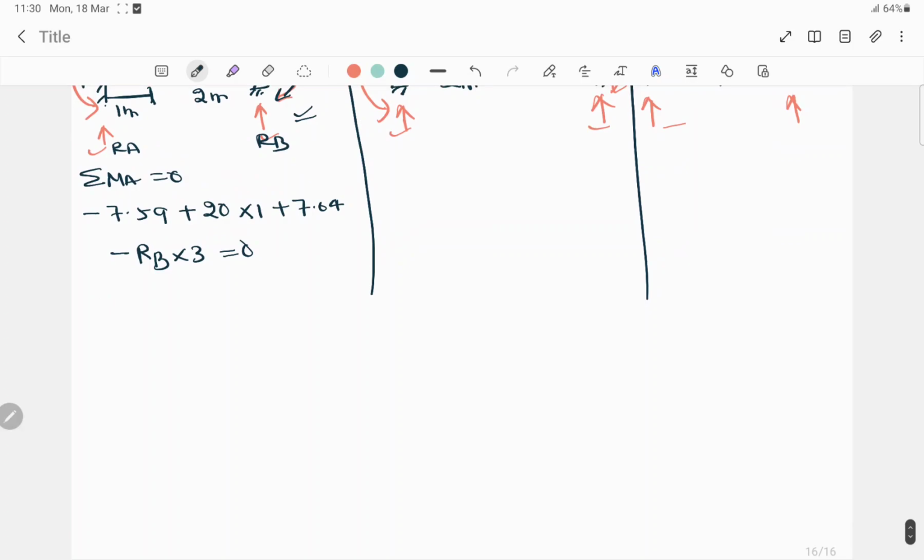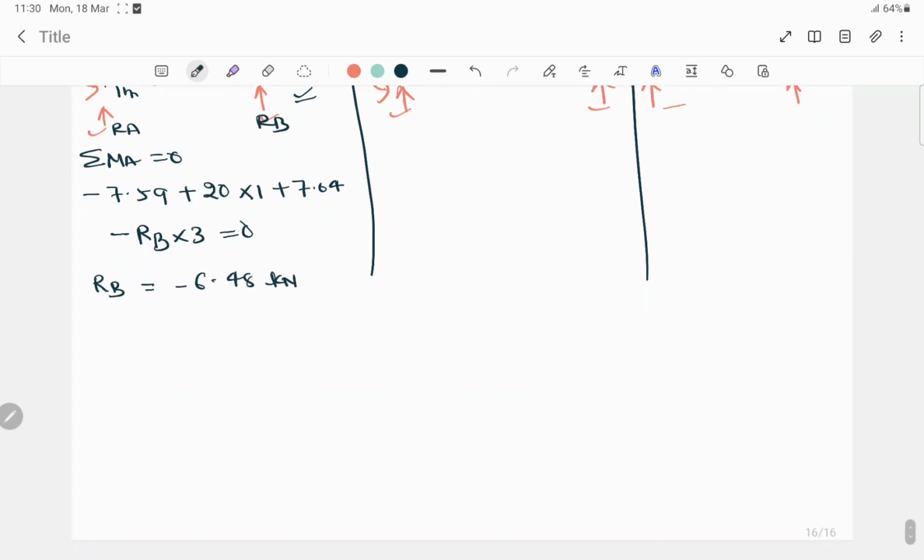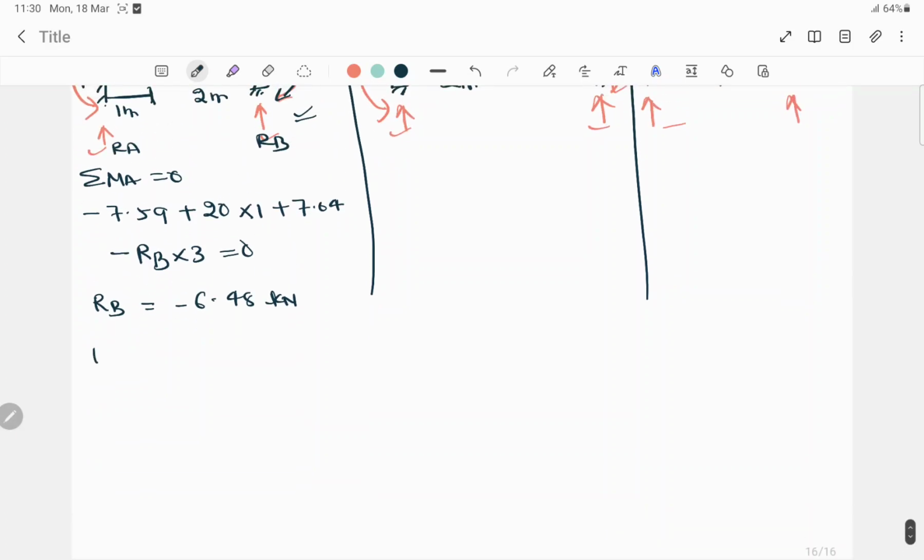So from here we get RB is equal to minus 6.48 kilonewton.